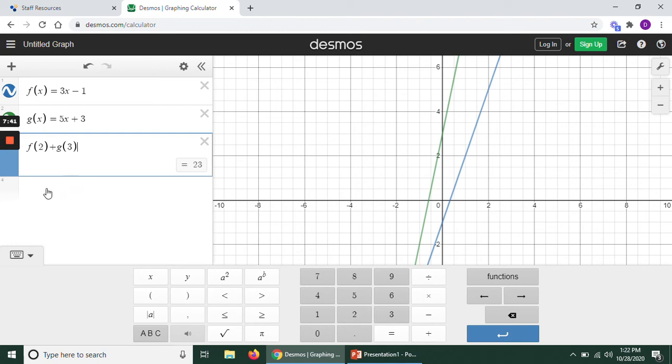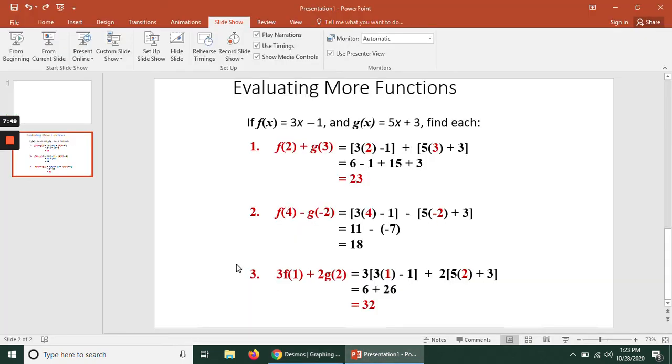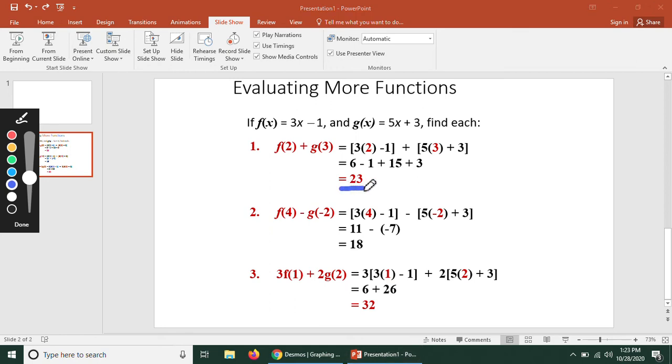And notice my answer is 23. Do you see that? That's my answer. We got the same answer, 23.